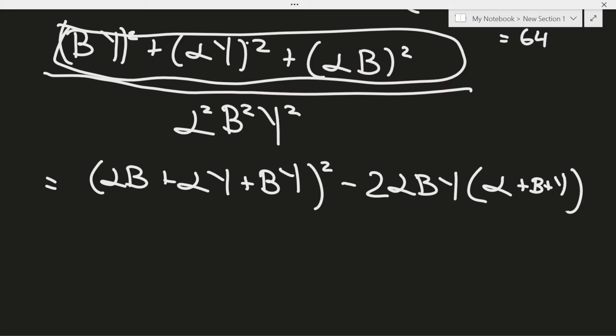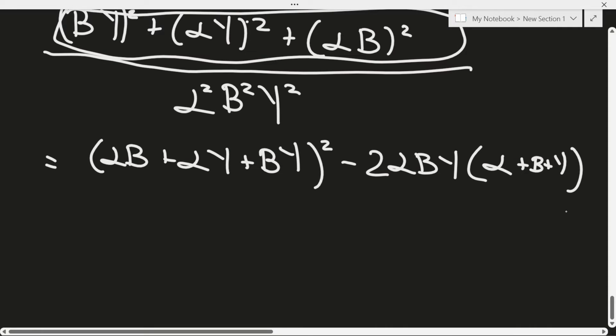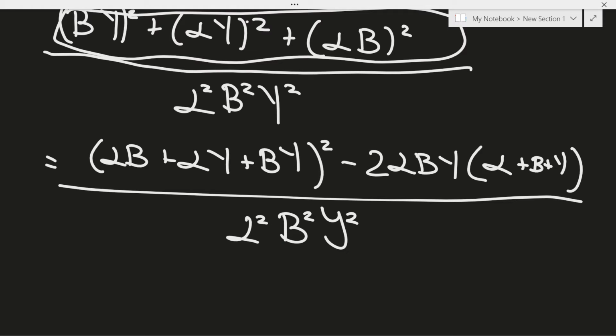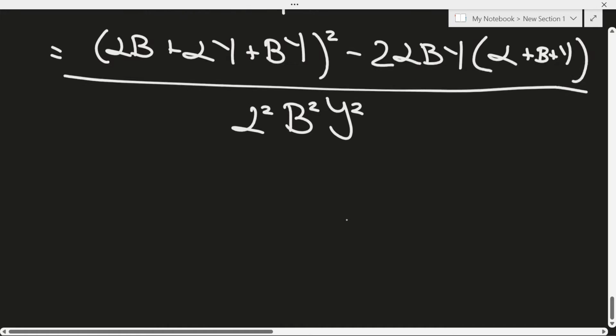I recommend that you know it because it won't hurt to know. And this will all be over alpha squared, beta squared, gamma squared. Please don't forget to put this because I actually lost marks because I completely forgot to put the denominator, which is obviously my fault. I was just out of it for that exam.